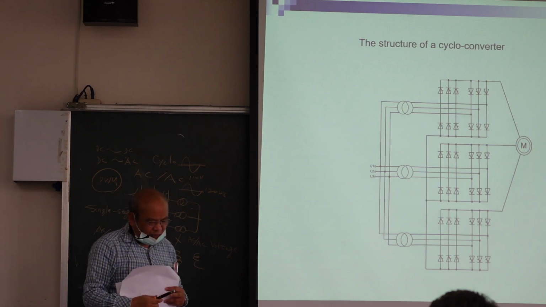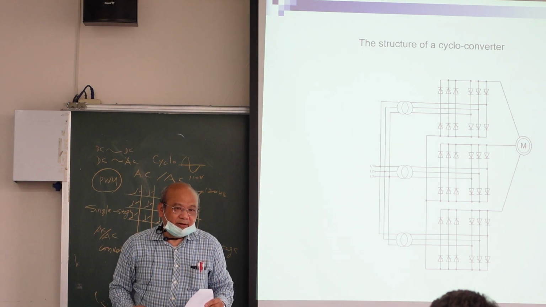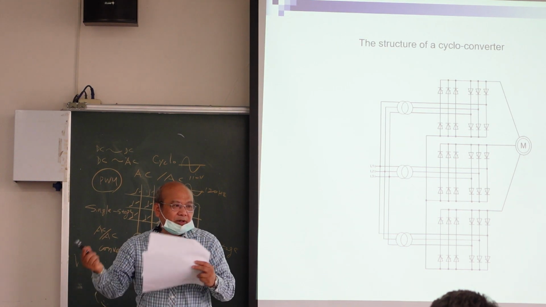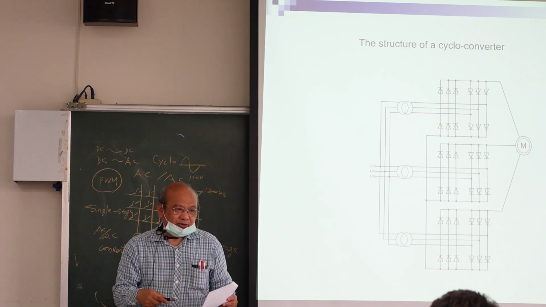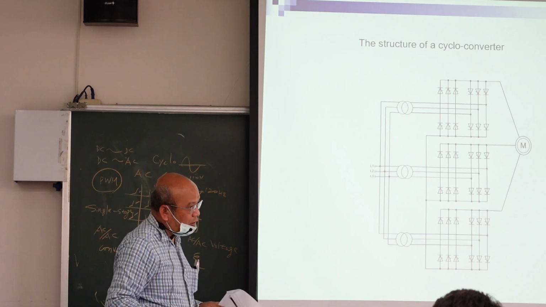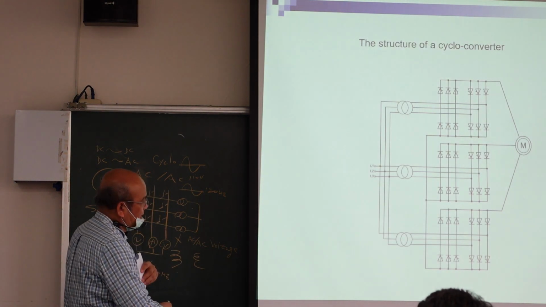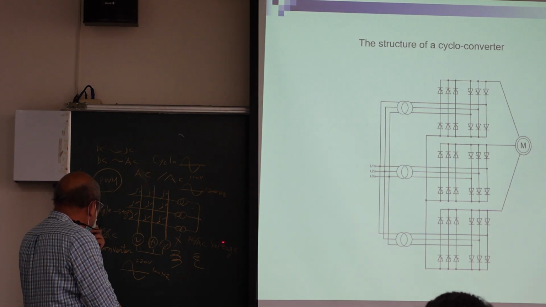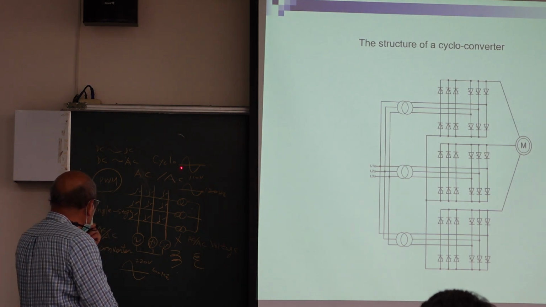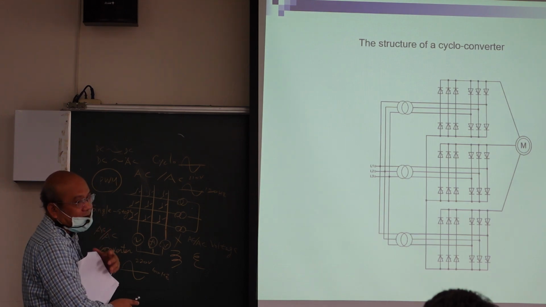Do you think a transformer can change AC to AC frequency? Input 60 Hz, output 120 Hz. Can you use a transformer to do this? The answer is no. A transformer only converts voltage, not frequency. If you want to convert frequency, what can you use? You need to change the cycle. Then we call it a cycle converter.